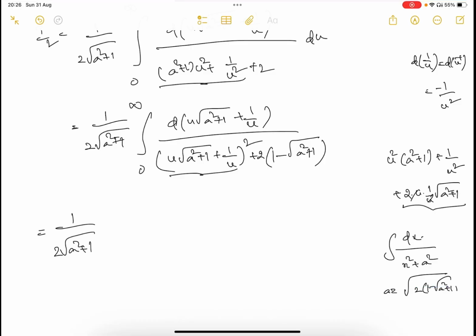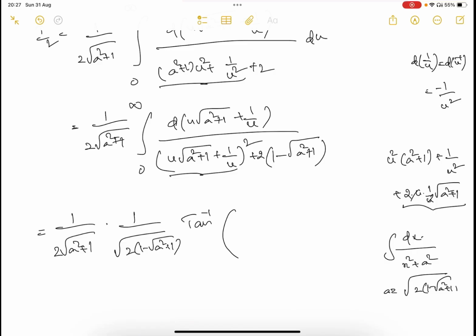This can be written as 1 by a into tan inverse x by a, right? 1 by a, where a is root of 2 into 1 minus root of a square plus 1, into tan inverse x by a.